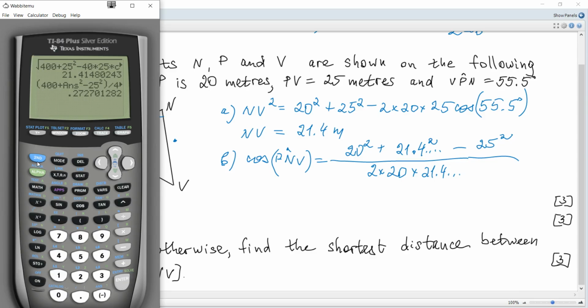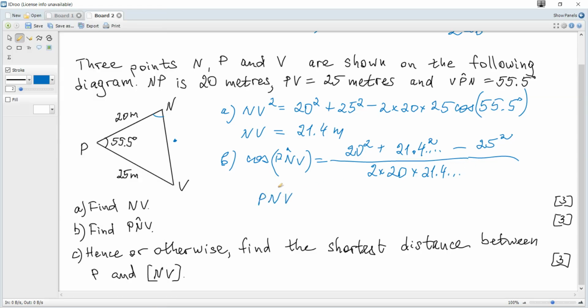And then just the inverse cosine of the answer, to get 74.2 degrees to 3 significant figures.